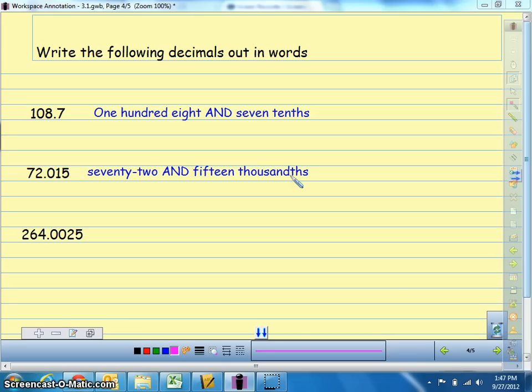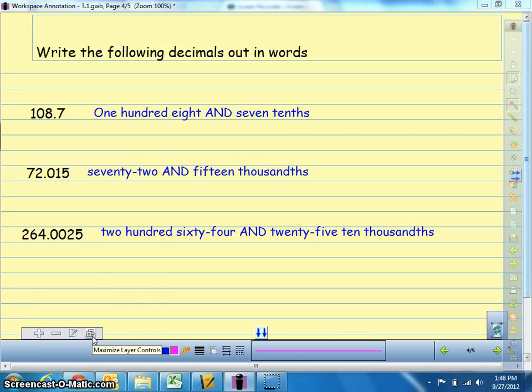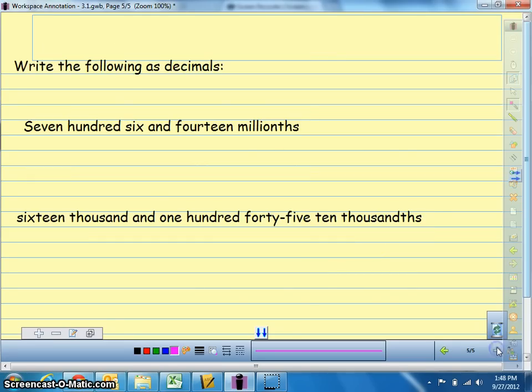Well, 0025, I would just say that's 25. And then what is my last place value? I have tenths, hundredths, thousandths, ten-thousandths. So that is exactly how that's going to go. 264 and 25 ten-thousandths. Good job.